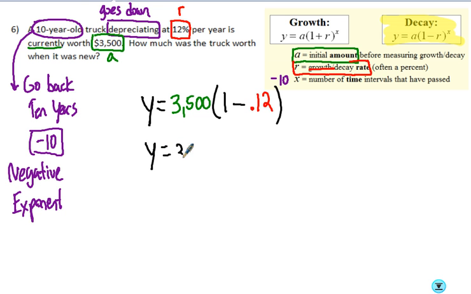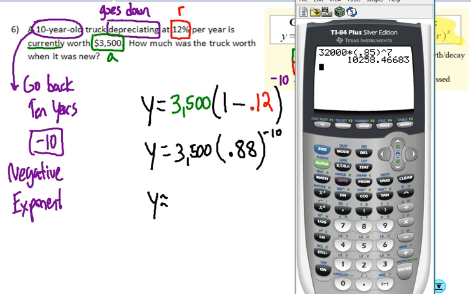Alright, so let's just clean this up a little bit. We've got 3,500 times, 1 dollar minus 12 cents gives me 88 cents. Again, I see that this is less than 1, so that tells me I'm talking about something that's decreasing, and then that would be to the negative 10. So let's put that in the calculator and see what we come up with. $3,500, what the car's worth right now, times how it's changing, raised to the negative 10.